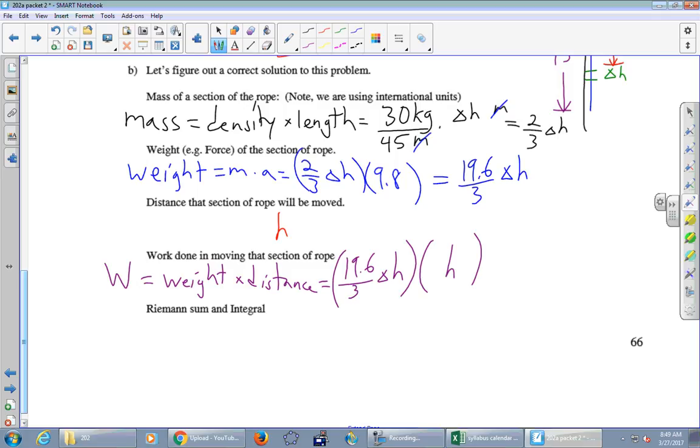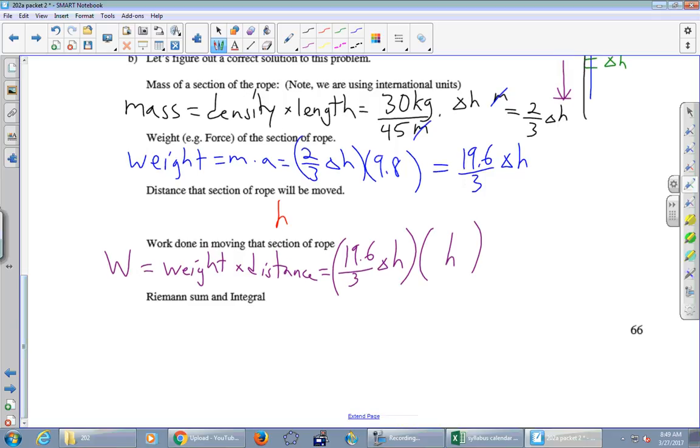What we want to do is figure out the work done in moving all of the sections of rope. So we're just going to write a Riemann sum and then a limit and then an integral. Let's finish here. Leave a little space because we're going to put a limit in the front of this thing. But a summation of terms that look just like that: 19.6 over 3 delta H times H. And remember, our default is i equals 1 up to n.